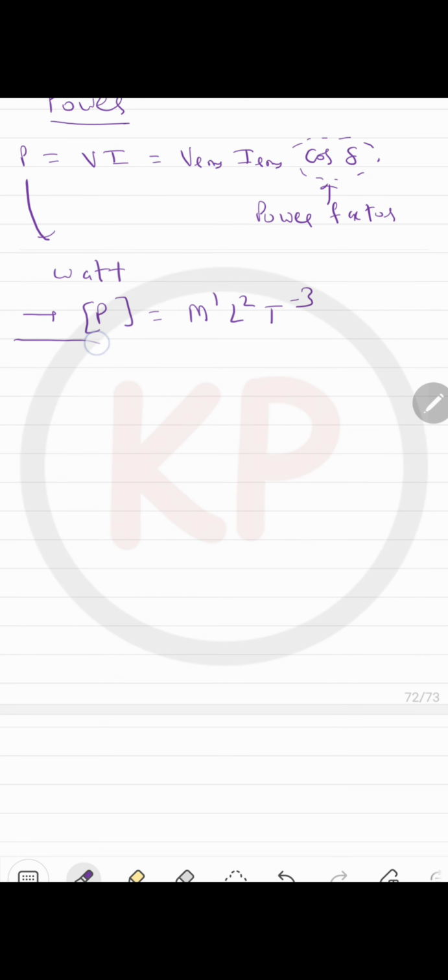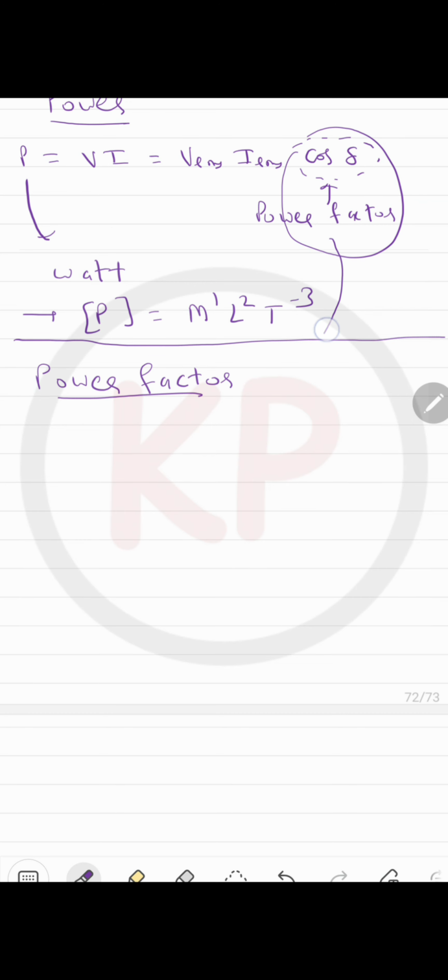Now let's see power factor. Here this thing is called power factor, so I will write cos delta. Cos delta is the power factor. Its formula is cos delta is equal to R by Z. Both R and Z are having unit and dimensions of resistance.